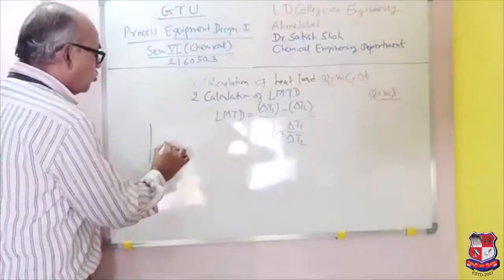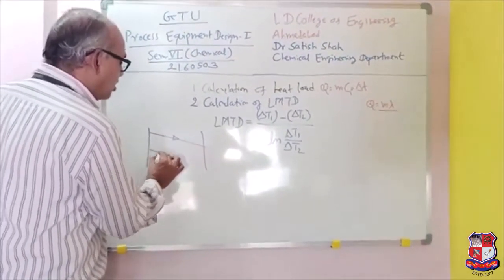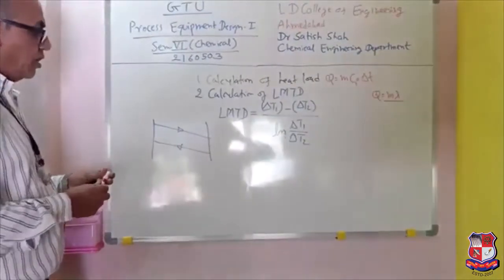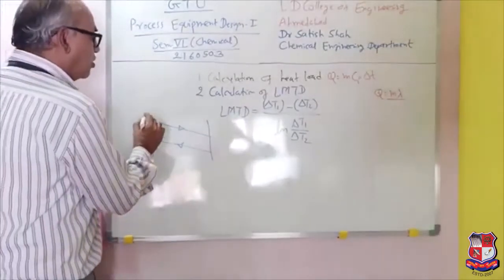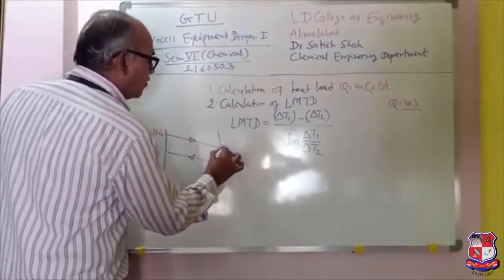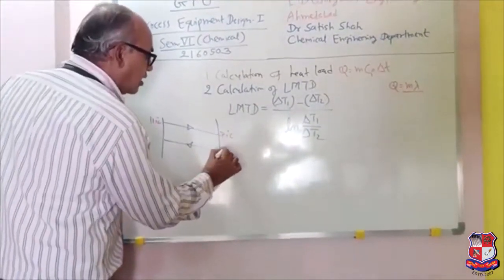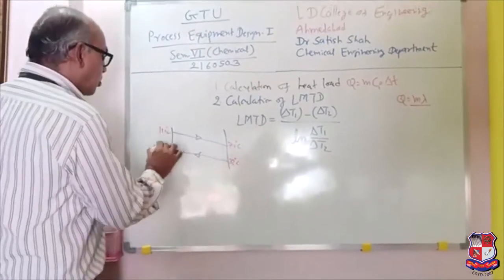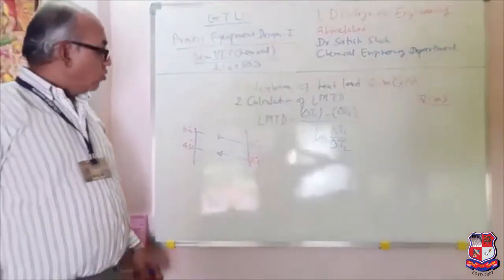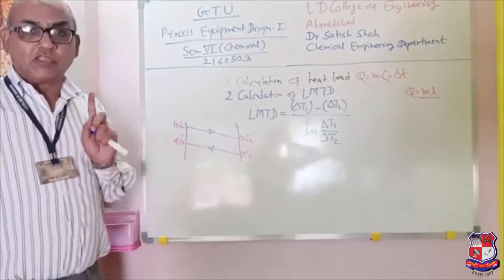Here I will just show you or make it more clear what it is. If you see here, it will be clear to you what delta T1 and delta T2 are. This temperature, as I told you, is 110 degrees and I want to reduce it to 70. And on the other side, the cooling water side, the inlet temperature is 32 and I am raising it to 45 degrees Celsius. This is in complete counter current flow if it is 1 pass.